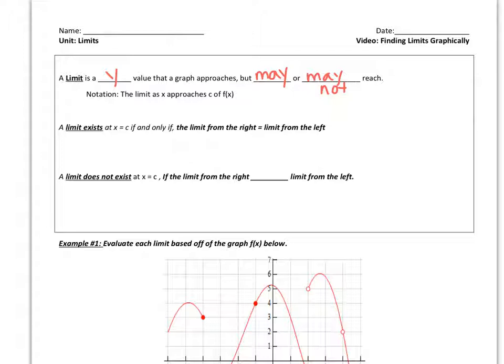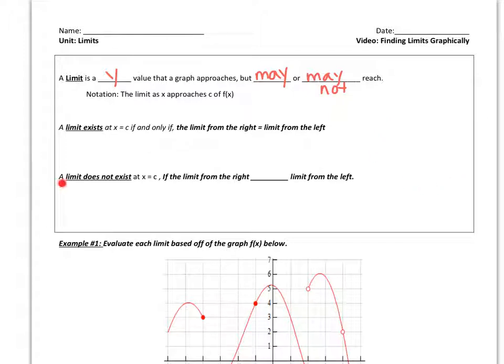If these two things are equal, then the limit as x approaches c of f of x is equal to those two things. Basically, if the limit from the left equals the limit from the right, then the limit as x approaches c exists.